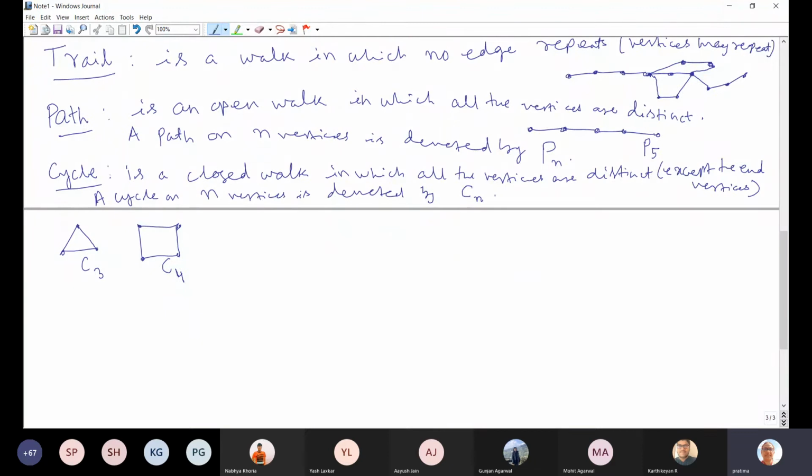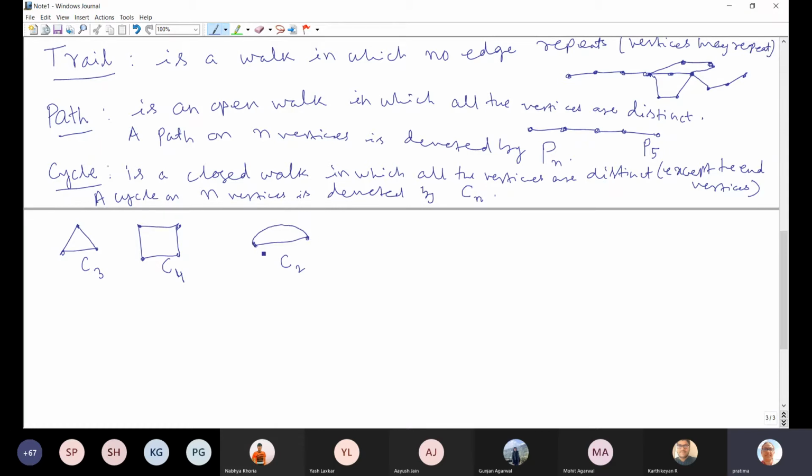Sometimes we may also define a cycle of length 2, that is C2. In the case of a multigraph, we sometimes refer to this as C2.